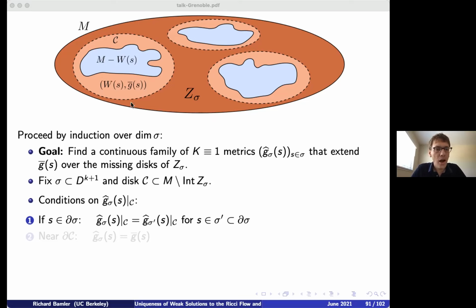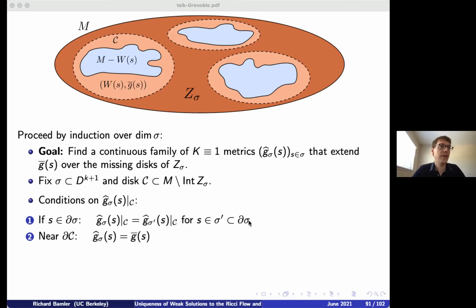And then I also want G hat S to extend smoothly to the metric G bar on Z sigma. Okay, so I want this to be true near it. But as long as I meet these two conditions, I can choose G hat as I like. Right?